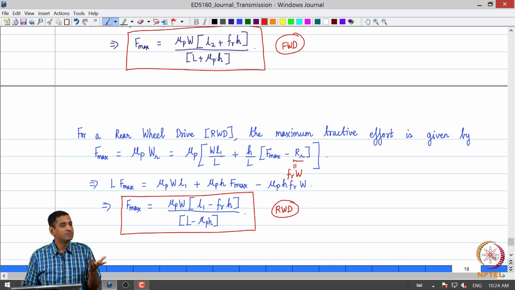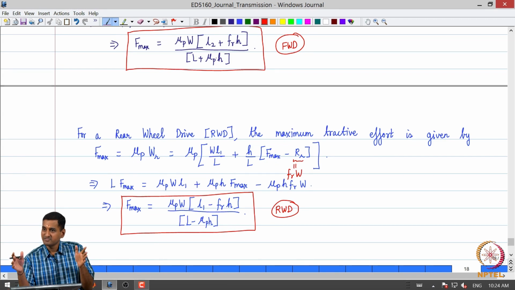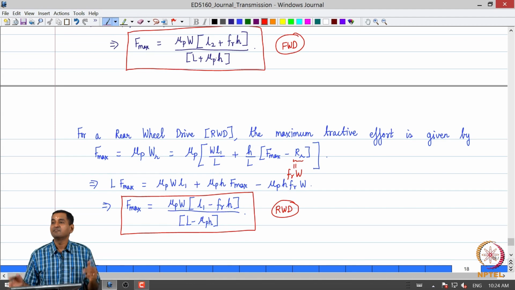Why would we do that? Because of course, we are going to get an advantage due to dynamic load transfer if we drive the rear wheels. However, in a truck, the main load comes from the goods or the material that the truck will carry, and where is it carried? It is shifted towards the rear.